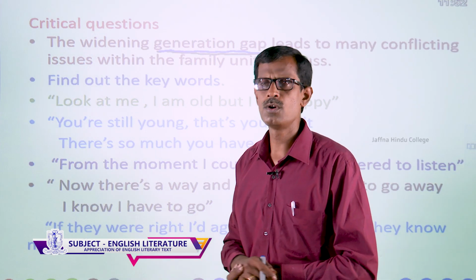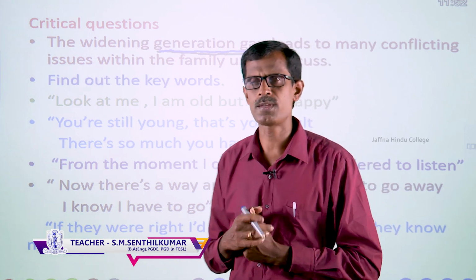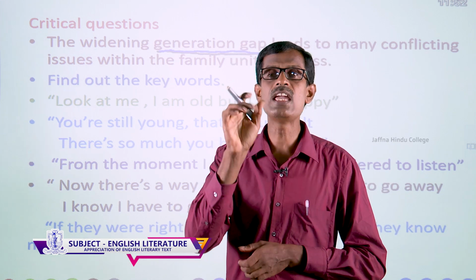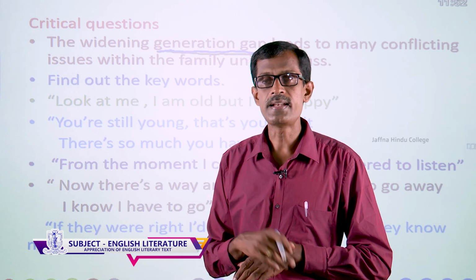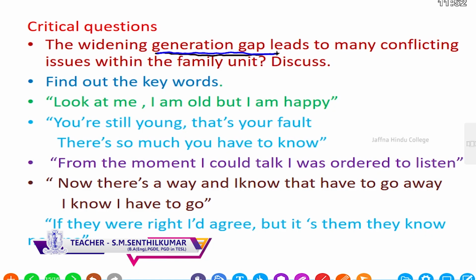What are you going to do if you want to write this type of essay question? First, you find the key words from the question. In the introduction part, you are going to describe the key words. Don't memorize it and vomit it in the paper. That's not accepted. Underline the keywords: generation gap, conflicts, family unit.